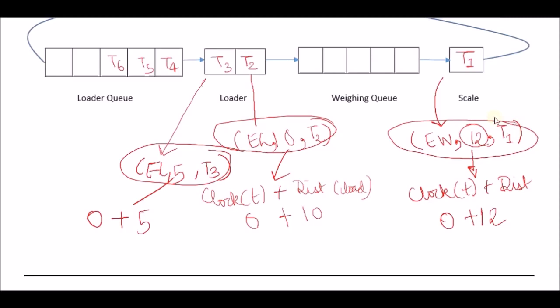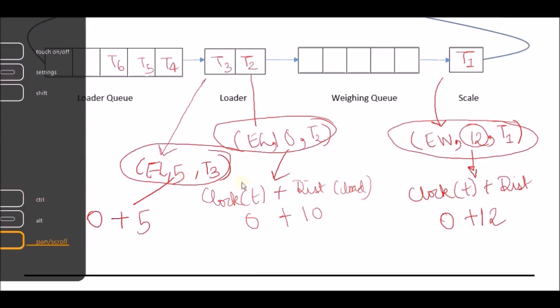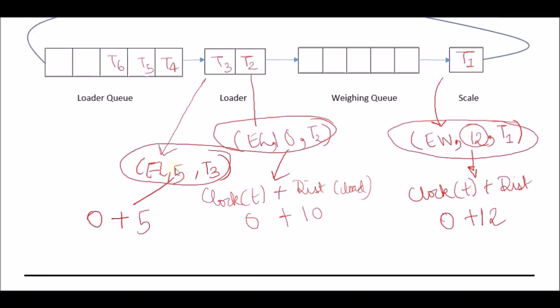So now out of these 3 events, we're going to choose the eminent event. And how do we choose the eminent event? Eminent event is the event which has the least time, right? So among 5, 10 and 12, which is the event that you're going to choose? You're going to choose 5 because it's the event with the least amount of t. So we say this is our eminent event, and then we move one step further and we come to clock instance 5.